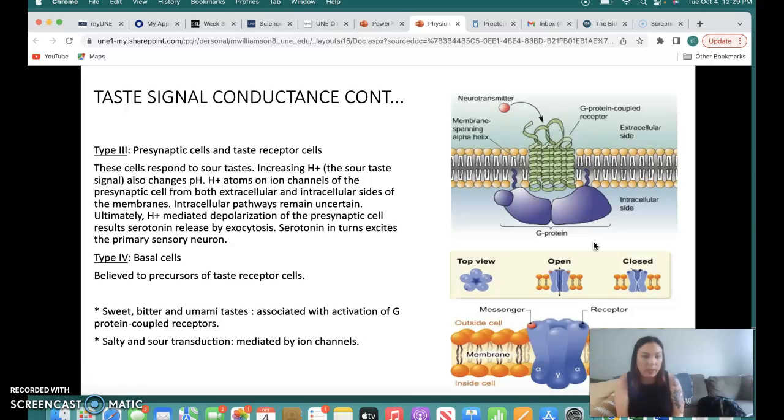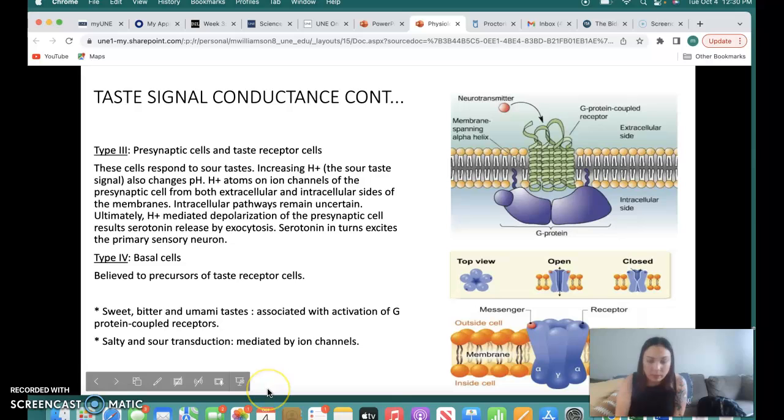Intracellular pathways remain uncertain. Ultimately, hydrogen mediates depolarization of the presynaptic cell, which results in synaptic serotonin release by exocytosis. Serotonin in turn excites the primary sensory neuron.